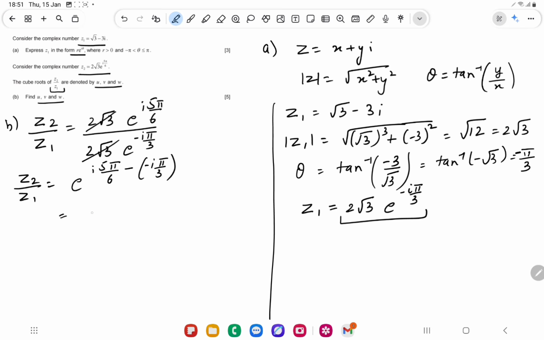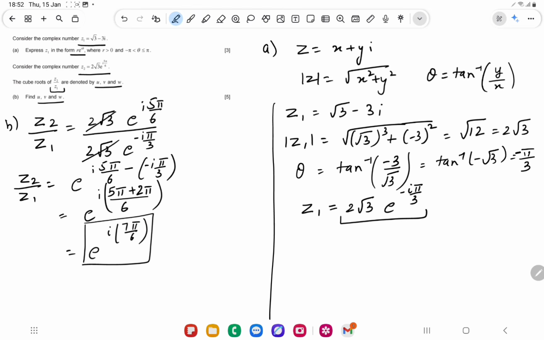On simplifying, by taking LCM as 6, that becomes 5 pi plus 2 pi, which is e to the power i 7 pi by 6. So we found out z2 by z1 as e to the power i 7 pi by 6.